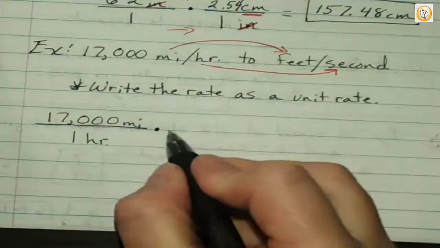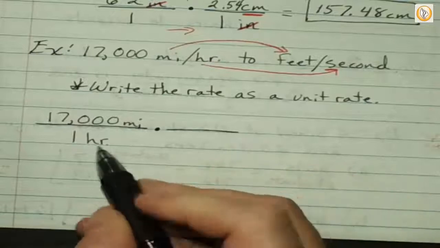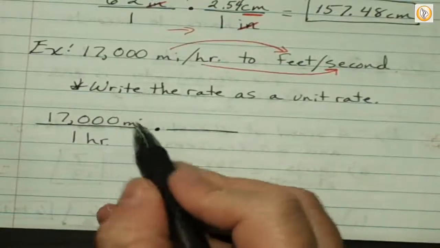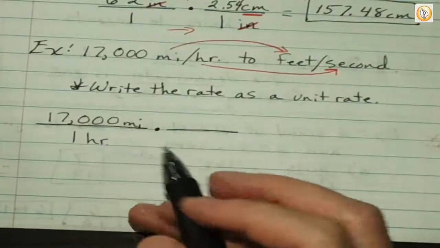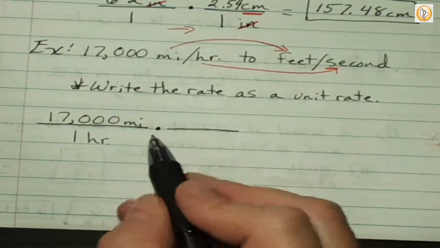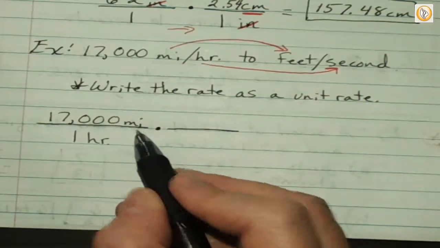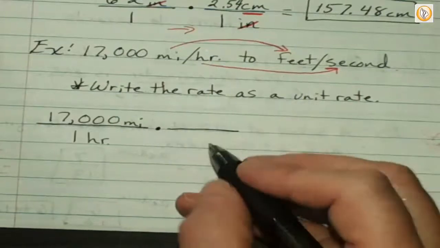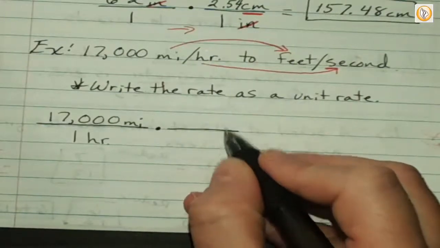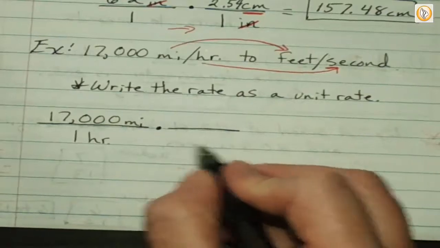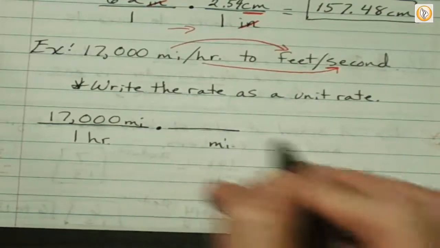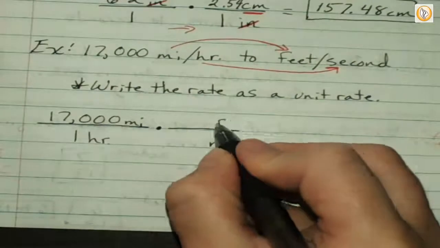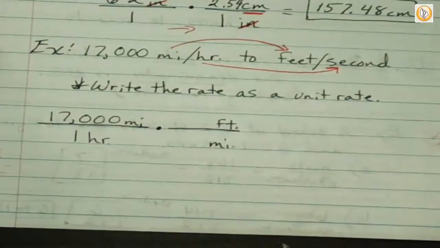Okay, now we're going to get rid of miles and hours, but we can only do one at a time. So let's start with miles. So Cecilia, I'm getting rid of the miles. I'm changing it to feet. Do I put miles on top or bottom? That's right. So feet are going to go on top.